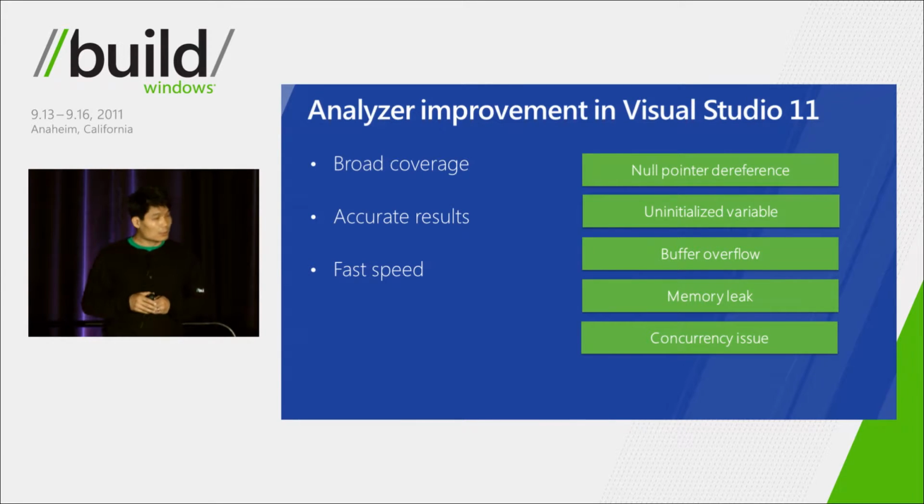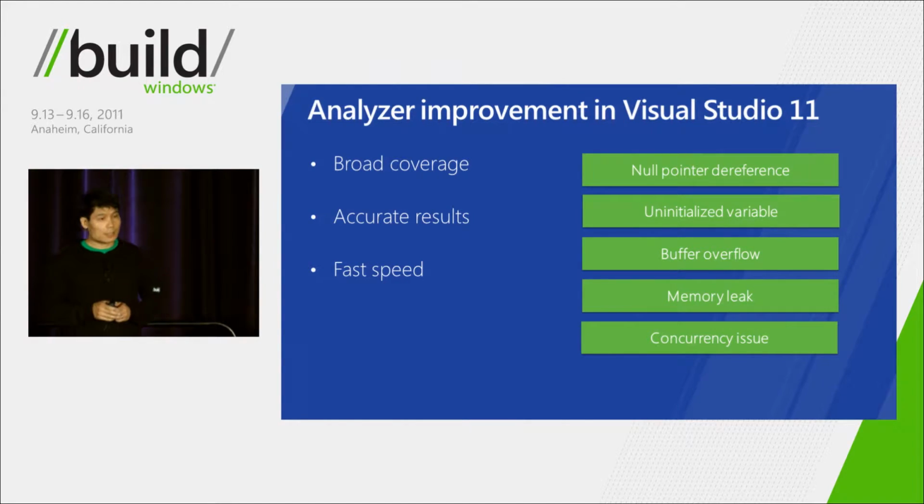The second goal is around accuracy. So we were able to make improvement in the precision of the tool. And what that means to you is that now you can spend more time focusing on real defects and spend less time dealing with false warnings. Finally, it's about the speed.